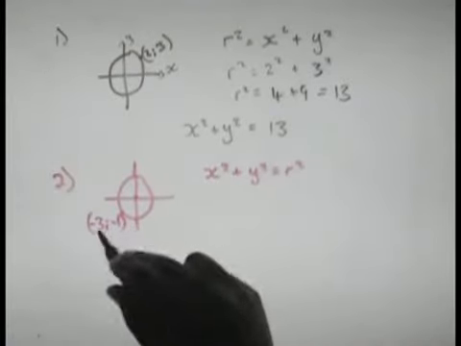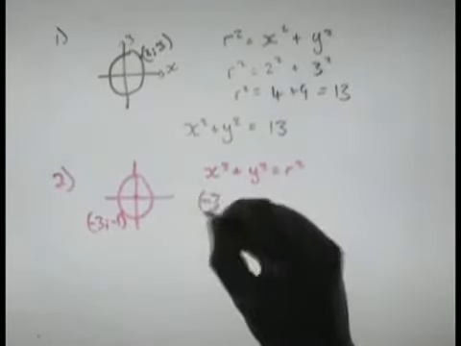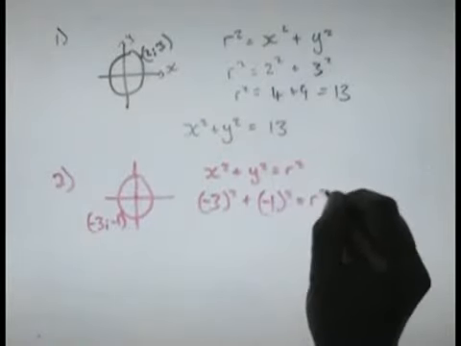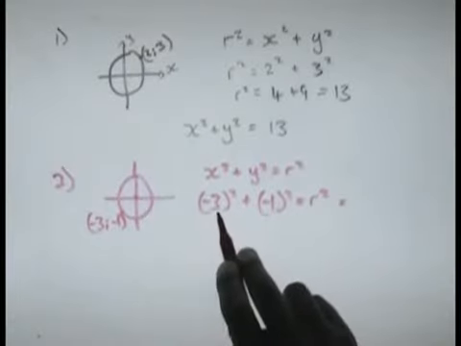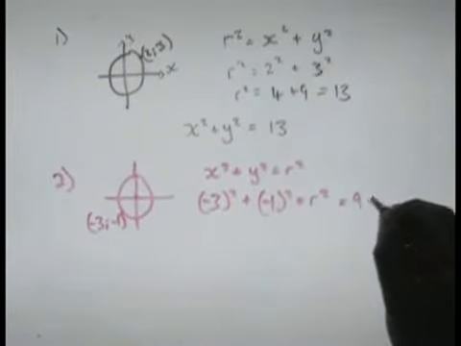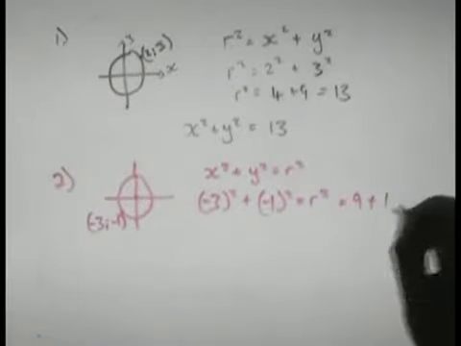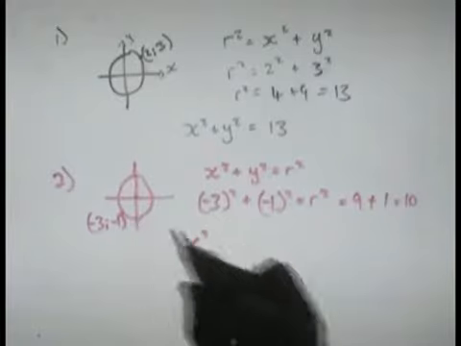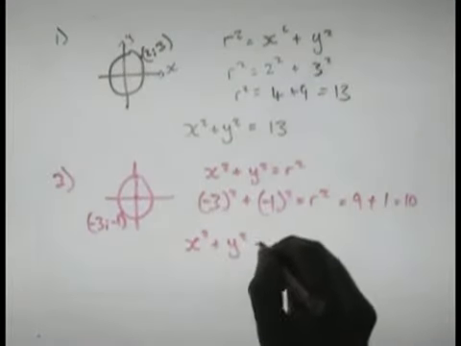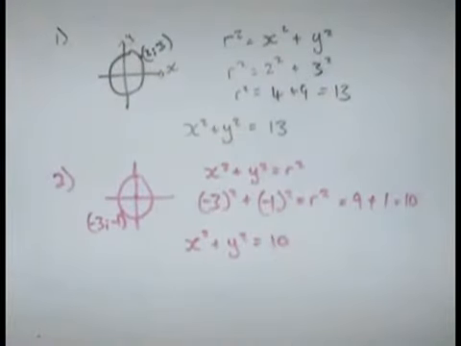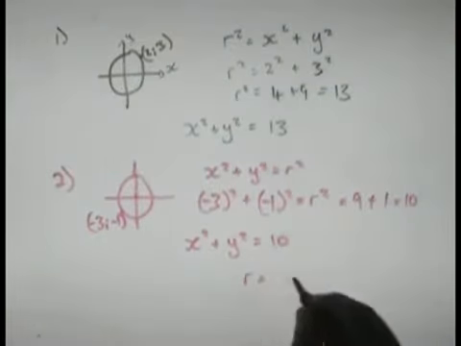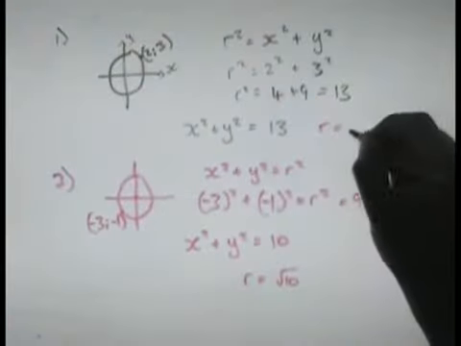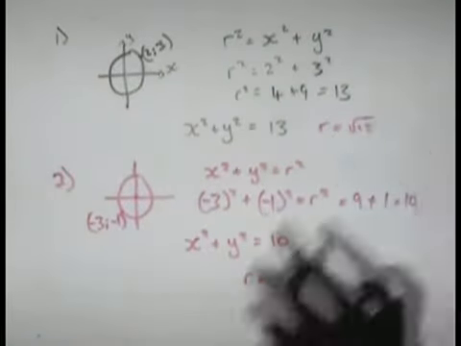To get r, we substitute that point in, which means that negative 3 squared plus negative 1 squared is equal to r squared, which is equal to negative 3 squared is 9, negative 1 squared is 1, which is equal to 10. That means that for this circle here, x squared plus y squared is equal to r squared, which is 10. That means that the radius in this case is root 10. And in this case here, the radius is root 13, but that's not important.